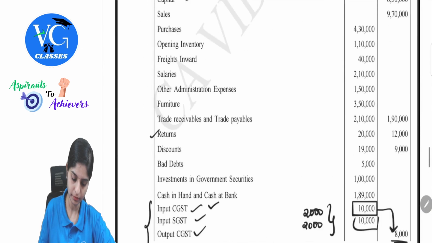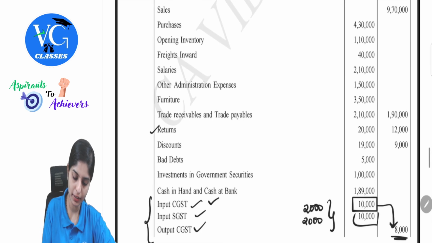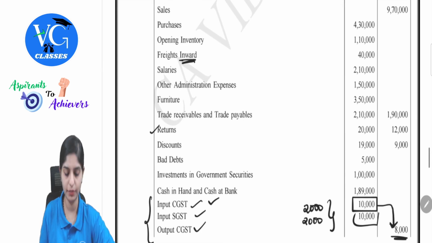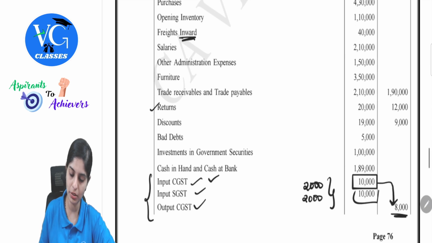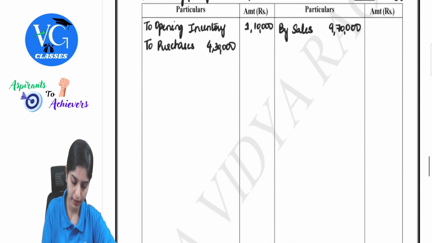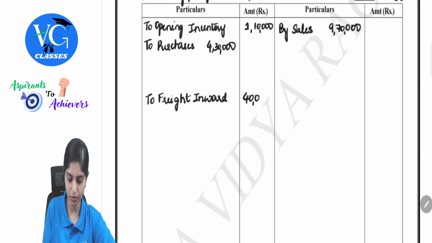Then to freight inward, 40,000. Remember inward is in the nature of direct expense, so it comes in the trading account.